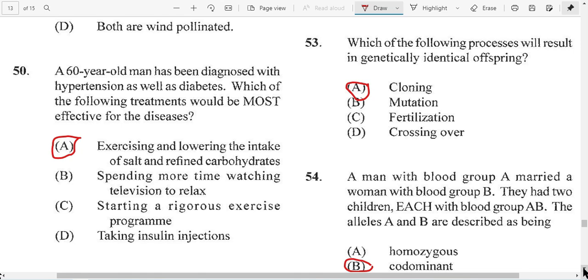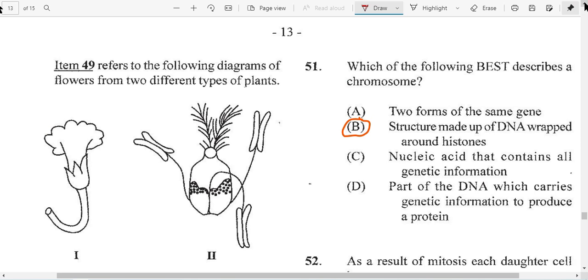We're going to be looking at 51. Which of the following best describes a chromosome? Two forms of the same gene, that's an allele, an alternate form of a gene. B, structure made up of DNA that is wrapped around a histone, that's a chromosome. Now, nucleic acid, we're talking about ribonucleic acid, DNA and RNA.